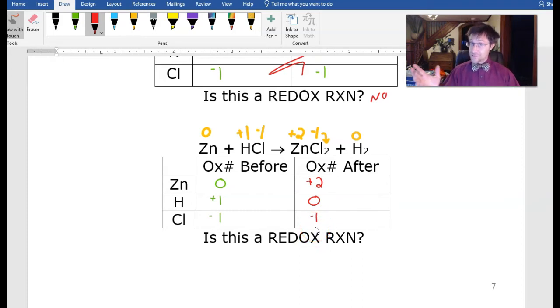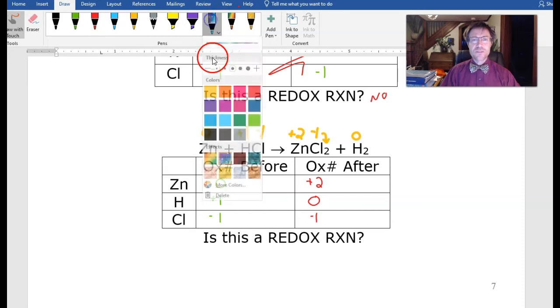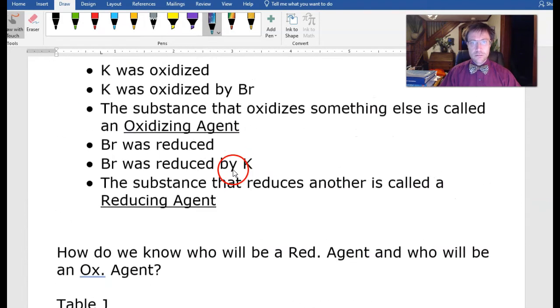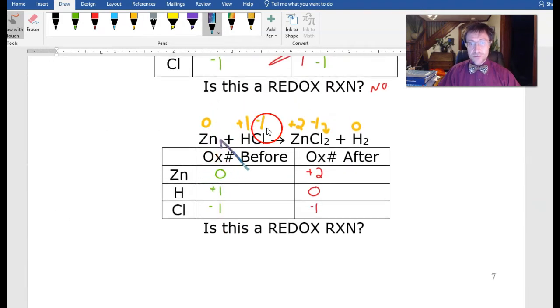Now, is this a redox reaction? You bet. Yes, yes, yes. Redox reaction. Look, there's a change here, and there's a change here.